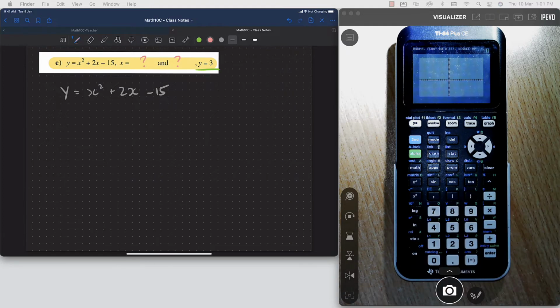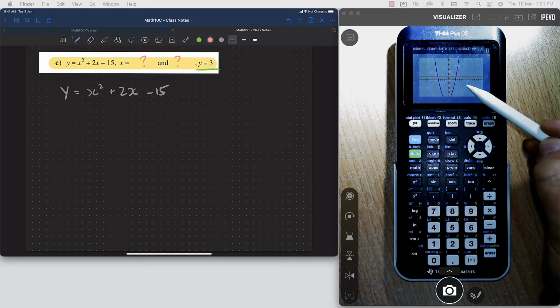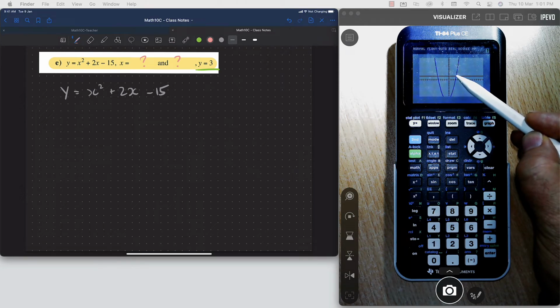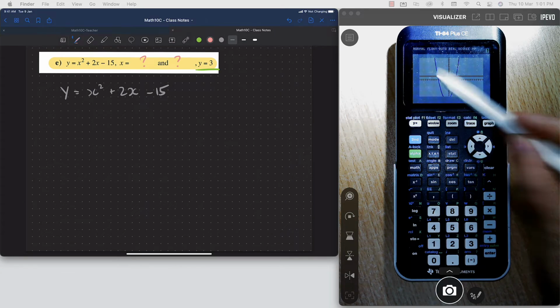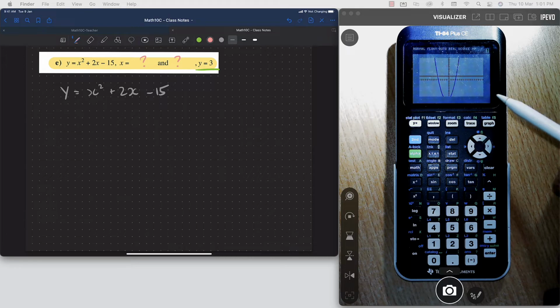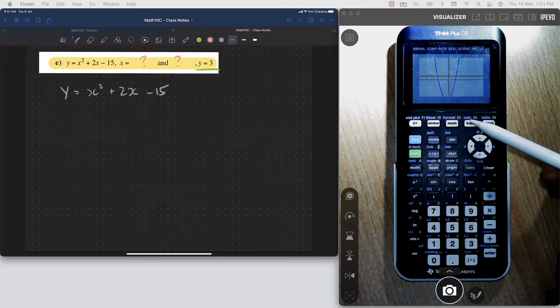If I graph that, I should get a parabola and a straight line where y equals 3. And we have two intersection points, one here that's in the positive x and one over here in the negative x. So to calculate those 2 points, I just need to use the calc button again.